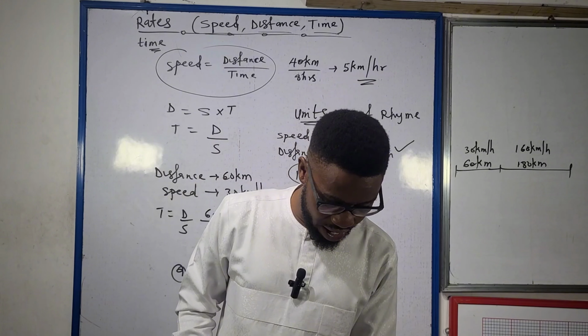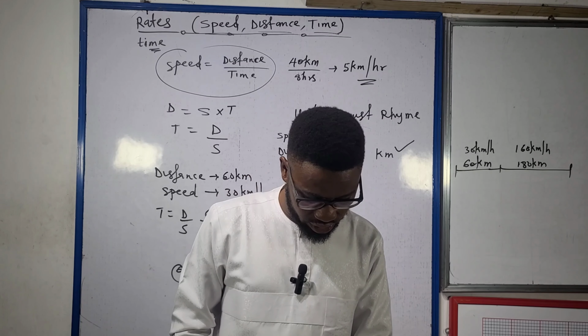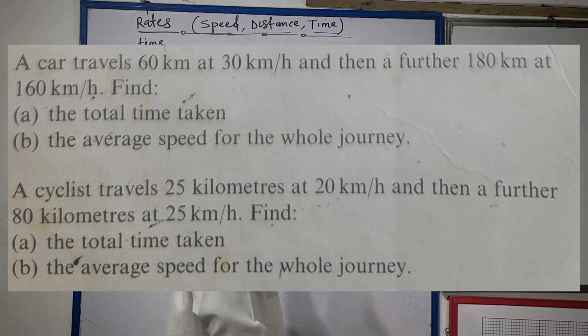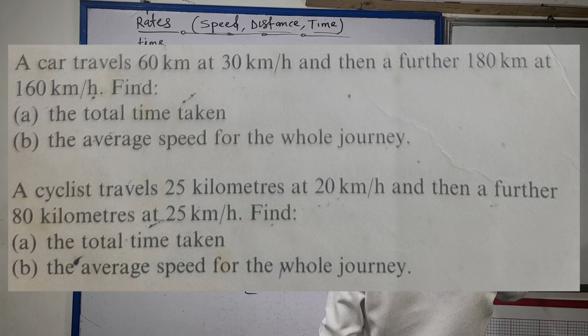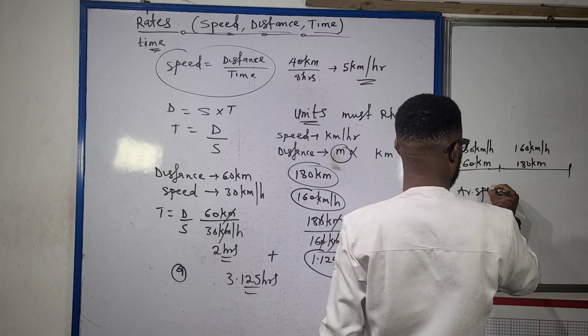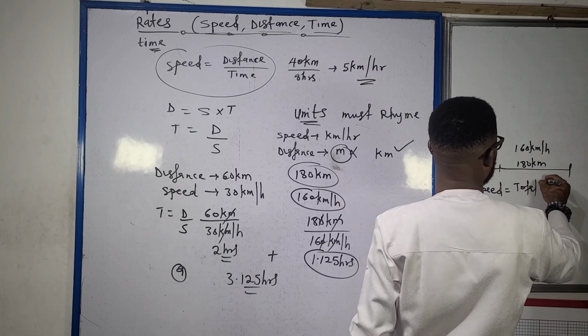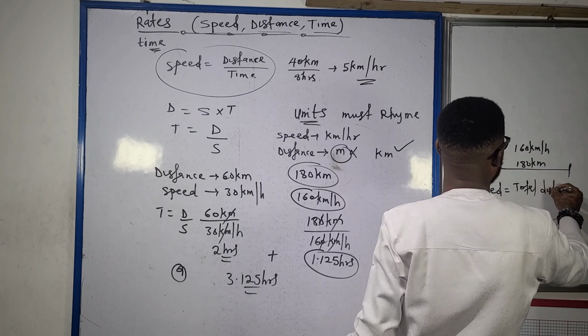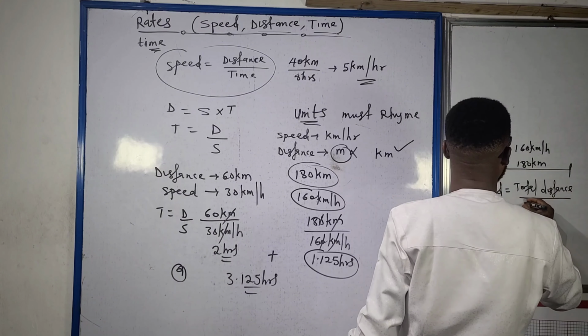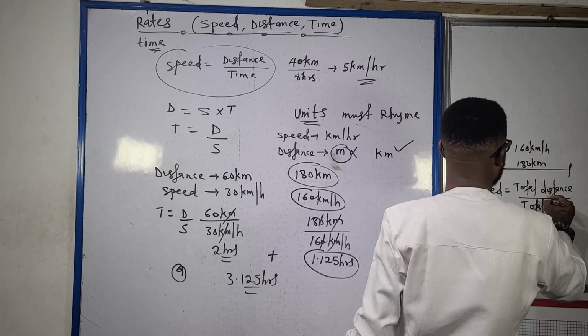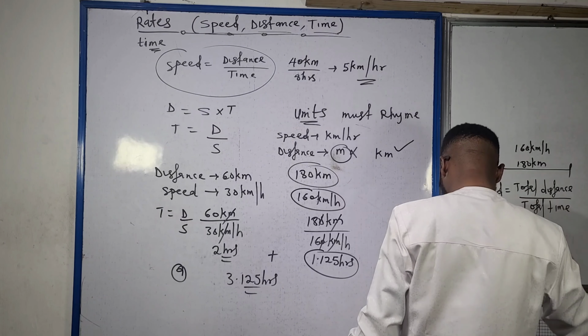And then to the B part of the question, it says average speed for the whole journey. You need to understand that average speed is total distance over total time taken.